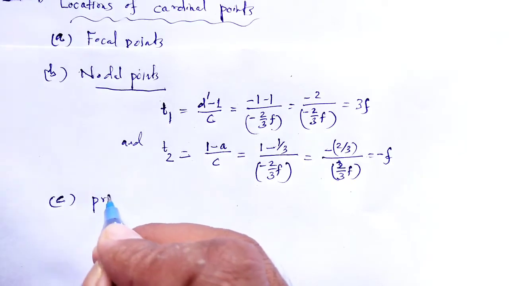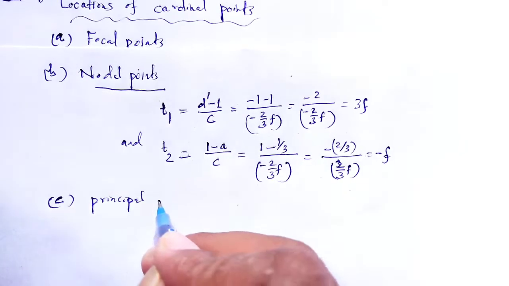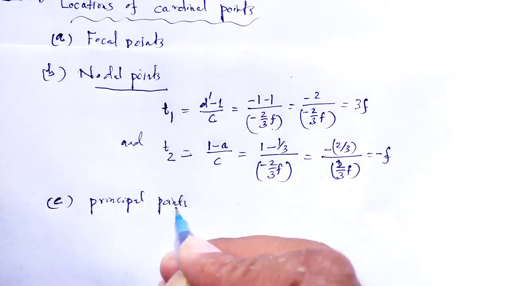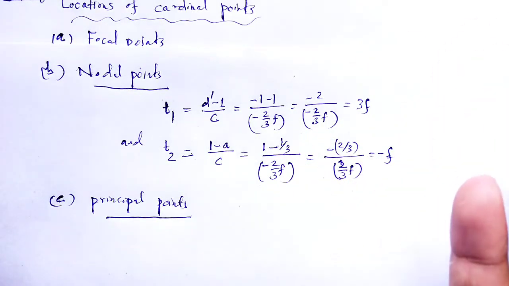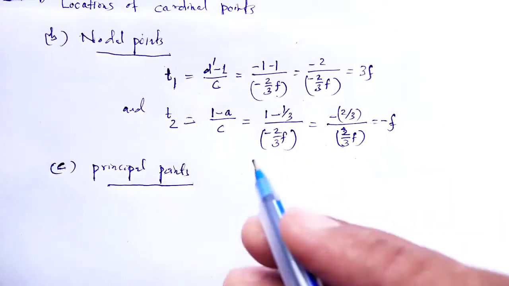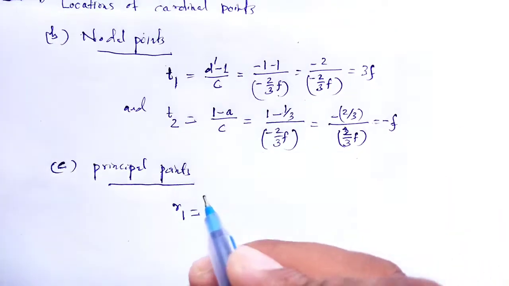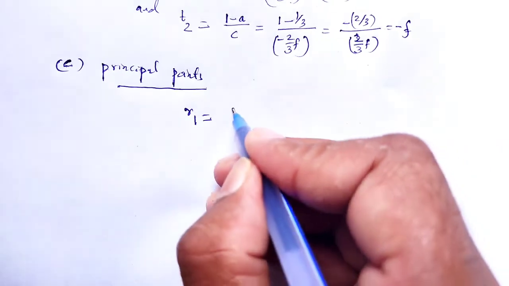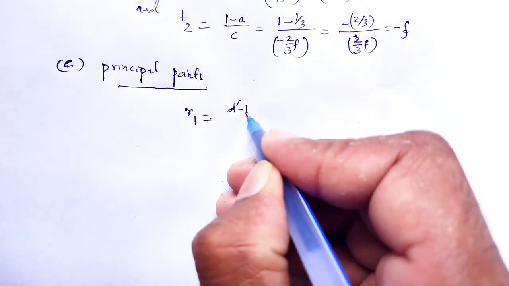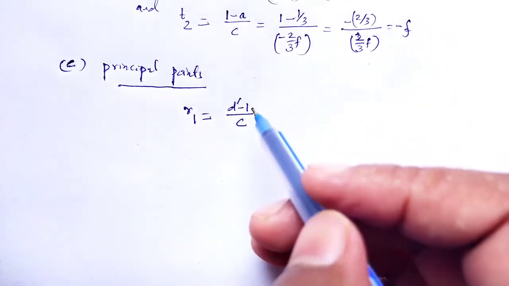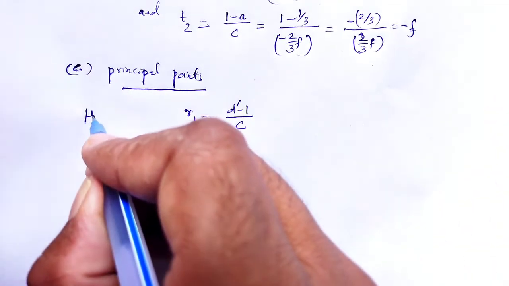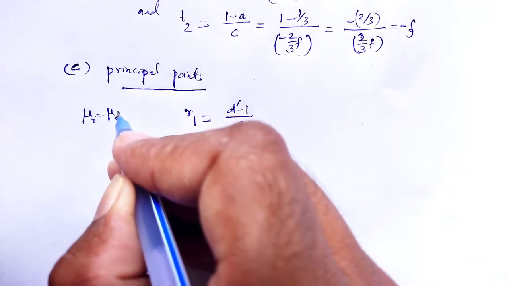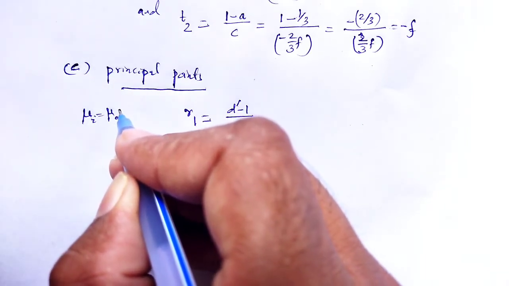Next, principal points. There are two principal points P1 and P2, which are at distances of R1 and R2. So R1 is d dash minus 1 by c. Here the refractive index mu input is equal to mu output, the same.